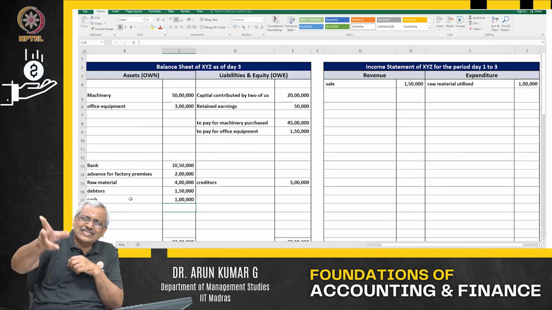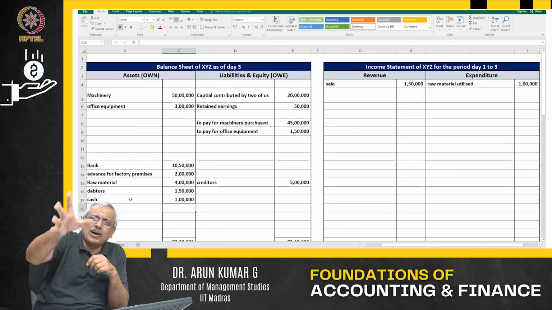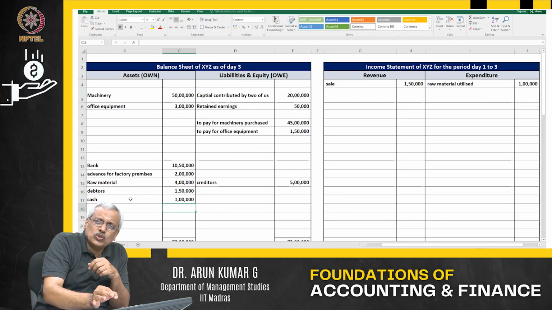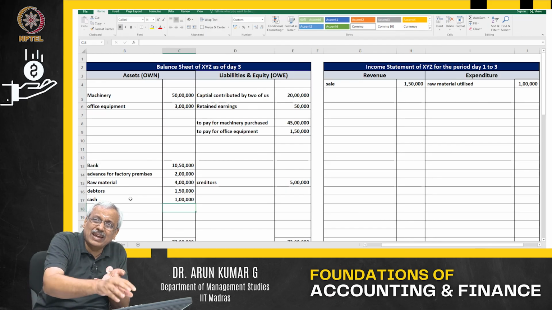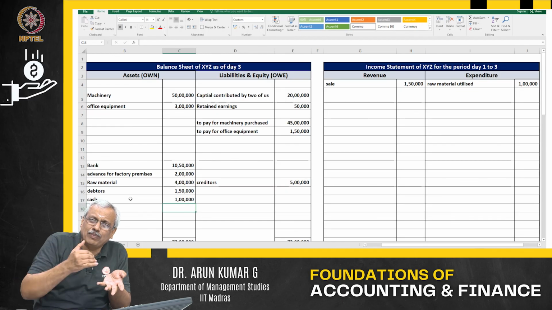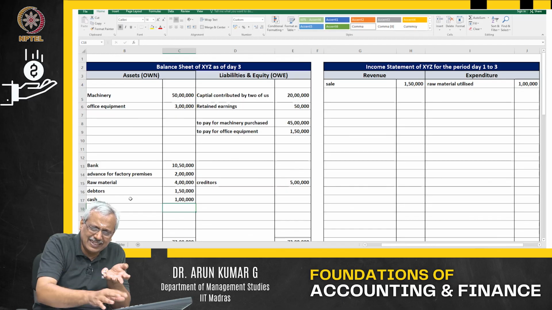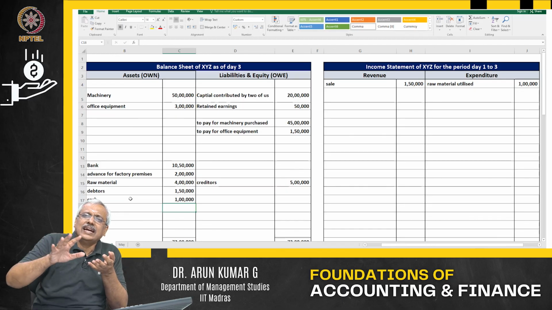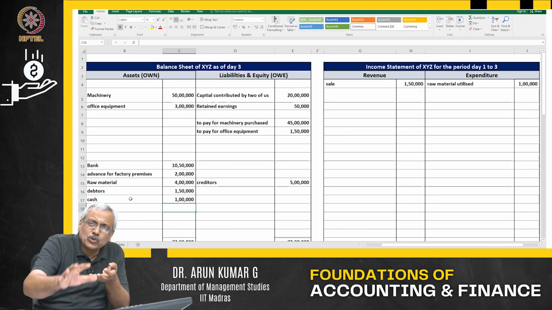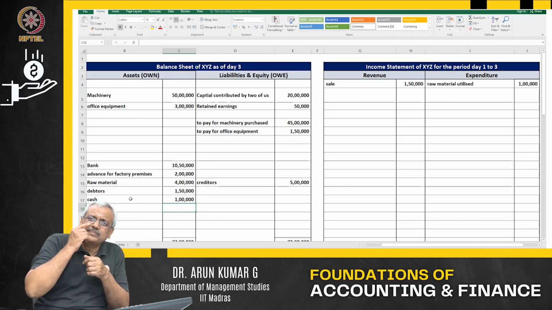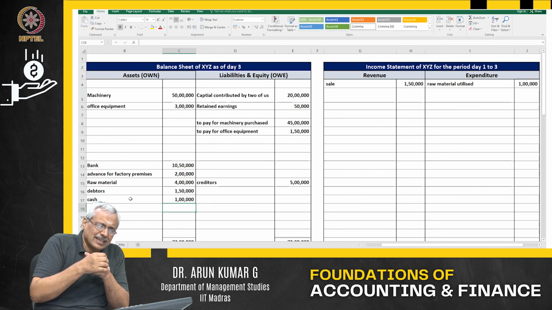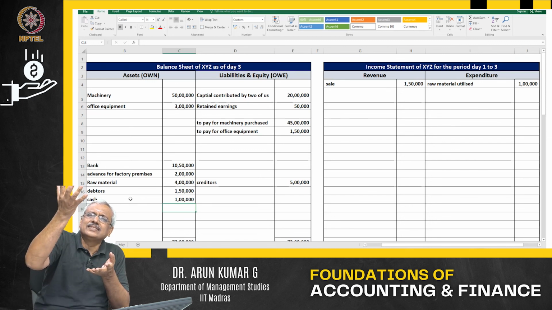So any transaction you take, it will impact a minimum of 2 out of the 4 heads. Maybe the same head it can impact twice, like what we saw now, but certainly any transaction will impact a minimum of 2 heads out of the 4. We saw that in this particular case. I have purchased a machinery, what happened? My asset increased.